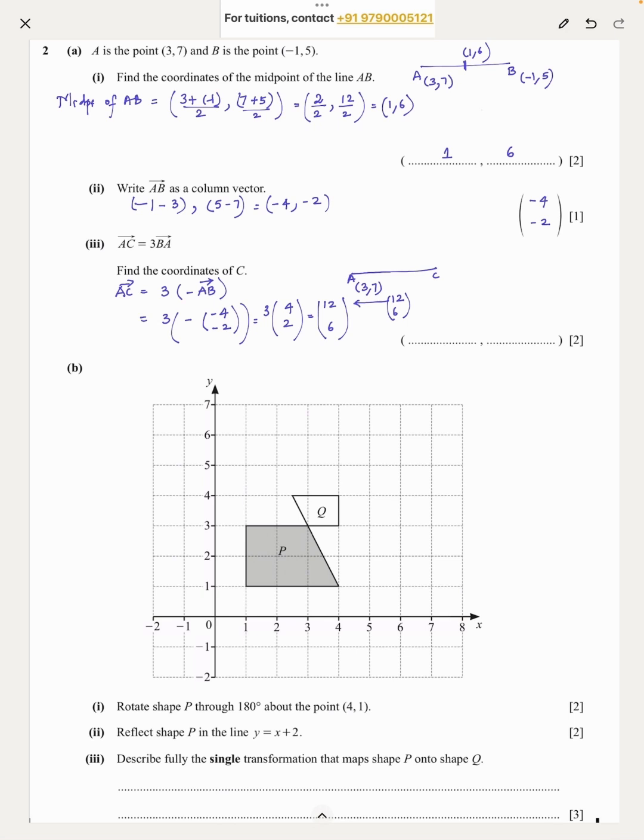But we need to get the destination C. So we just have to add 3 plus 12 and 7 plus 6, which gives us 15 and 13. So the coordinates of C are (15, 13).